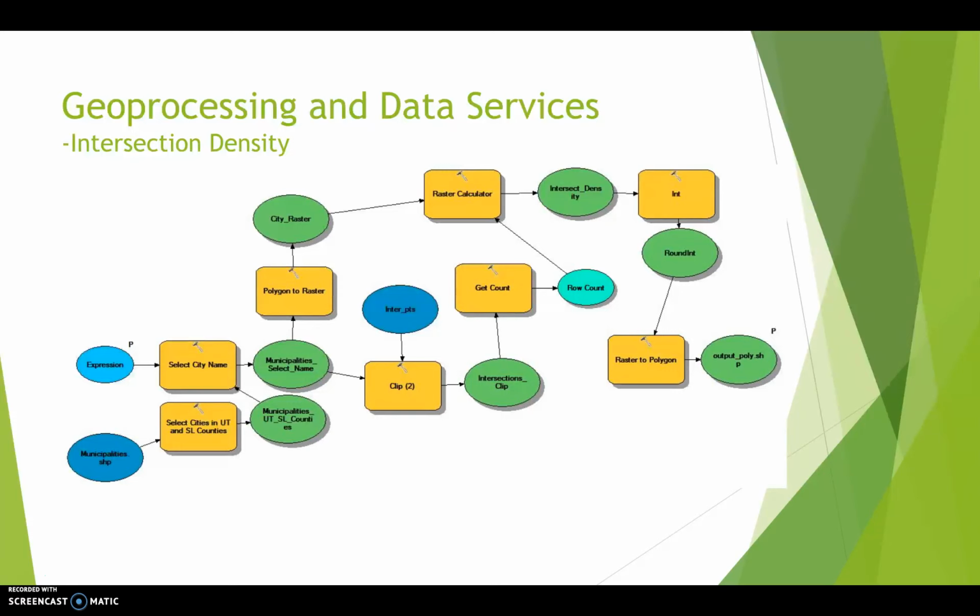There'll be a number of intersections in each city boundary, and we divide by the area of that city and calculate the city densities, in number of intersections per square mile.